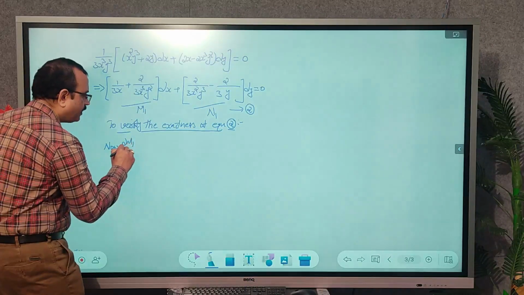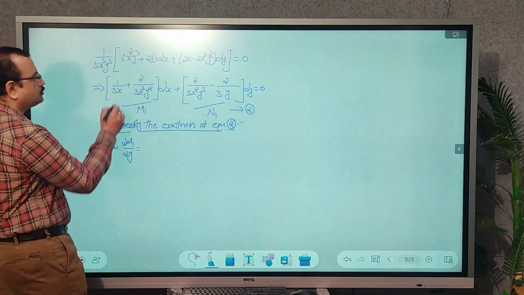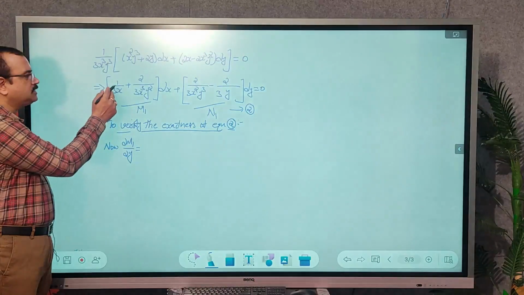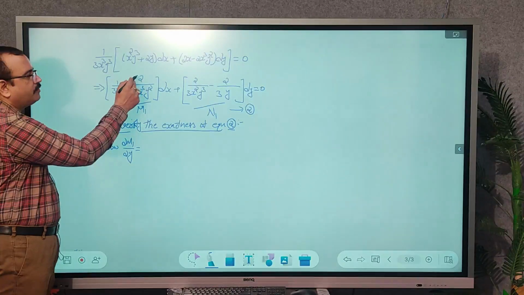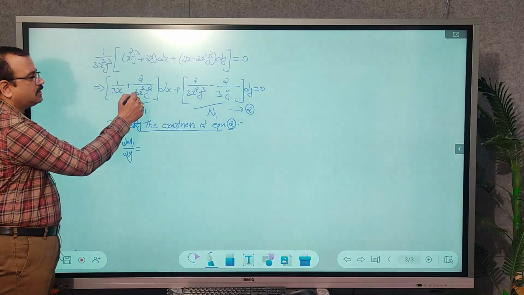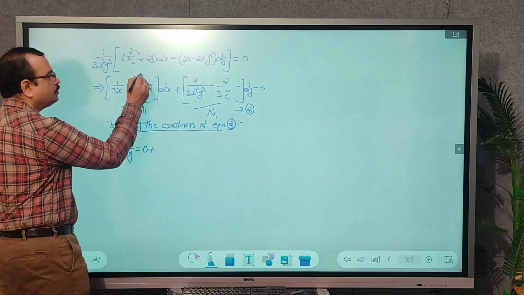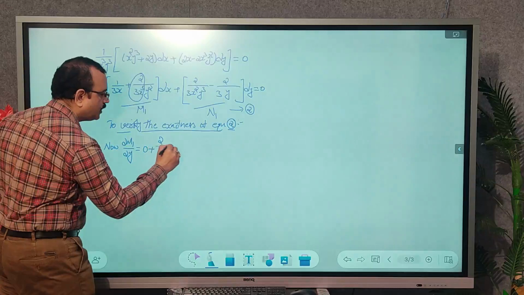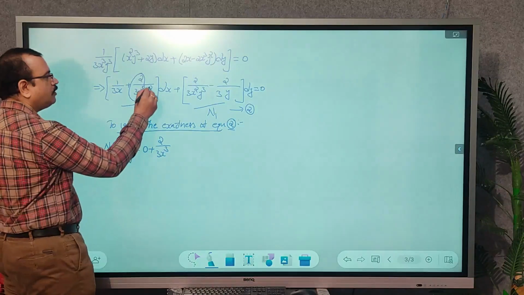Now dou M1 by dou y is equal to, so with respect to y, x is a constant, so the derivative of 1 by 3x is 0, and 2 by 3x cube is also a constant, so here 0, plus 2 by 3x cube is also a constant, and then we have 1 by y square.